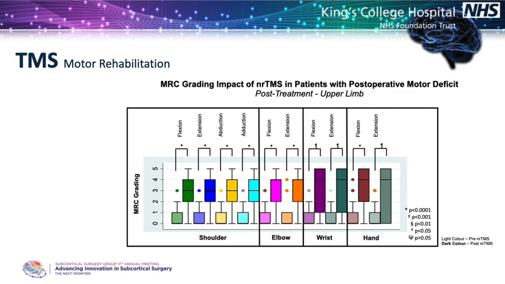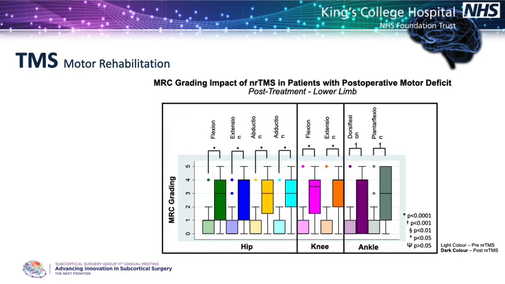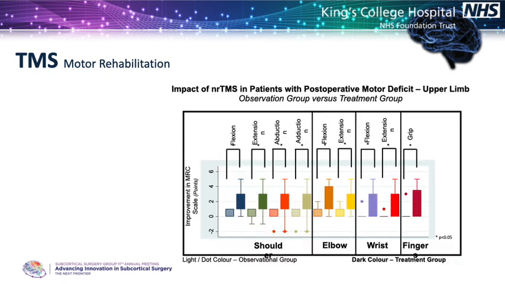Some data on MRC grading for the upper limb: you can see the improvement that occurs after the NTMS, same for the lower limb. And this is a slide that I always like to show because this is versus an observation group. We didn't give NTMS, and I'm very grateful to my neurovascular colleagues for supplying this very large neurovascular cohort of patients with a deficit.